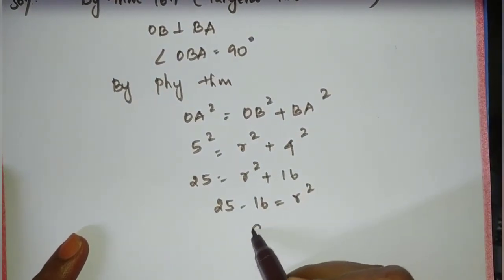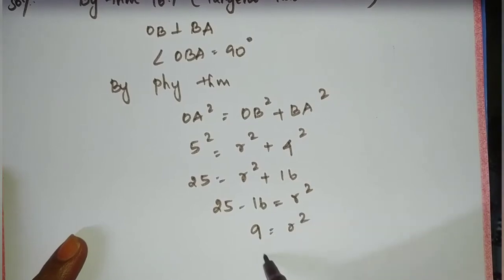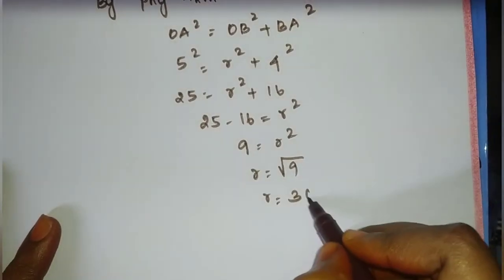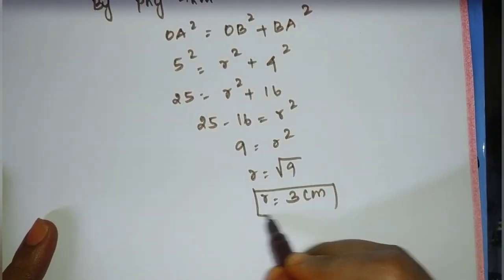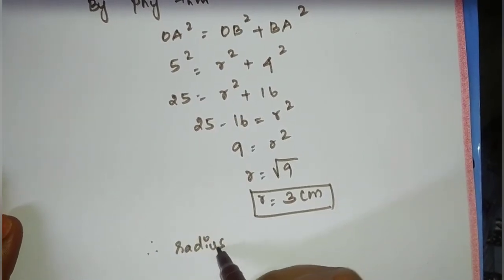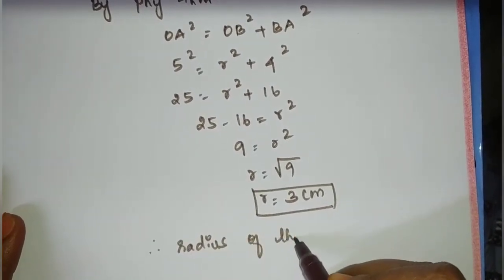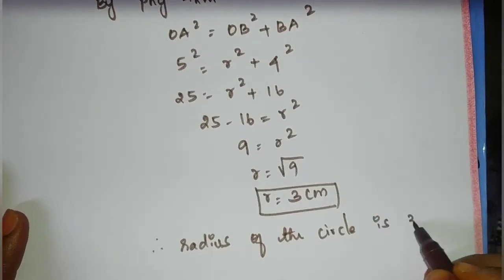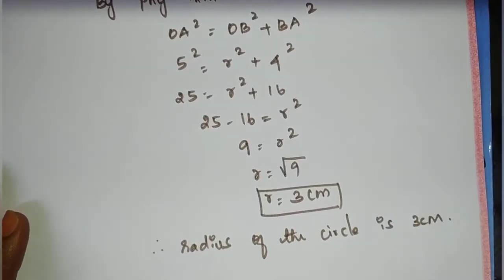If you subtract, what you will get? 9. Then R is equal to root 9. R is equal to 3 centimeter. Therefore, the radius of the circle is 3 centimeter.